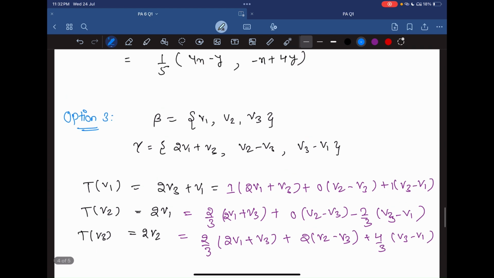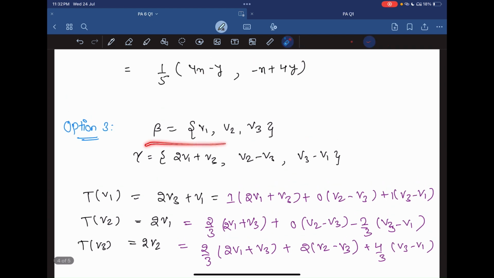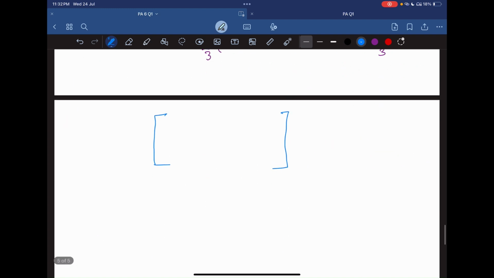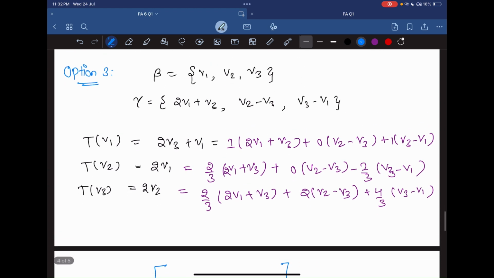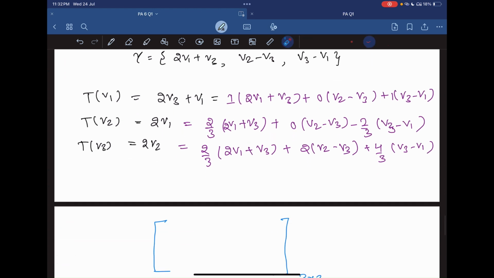Now our next step to find the matrix representation is, as the dimension for the basis vector for domain and codomain are 3 and 3, the matrix would be of order 3 cross 3. Next, we will take the coefficients of the linear combination of these bases.